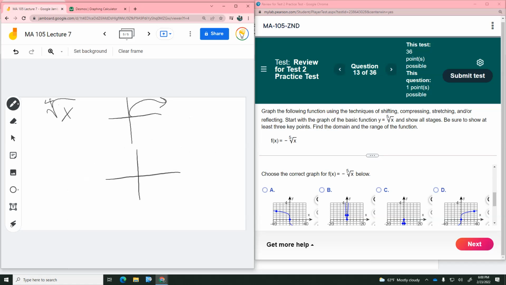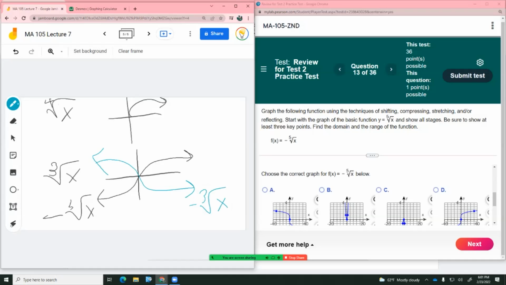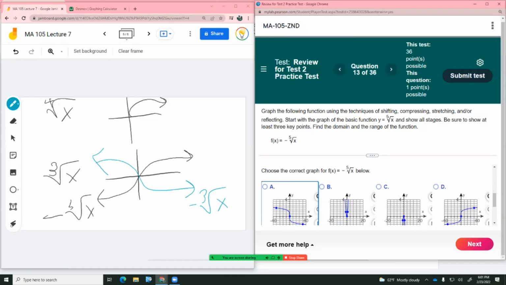Whereas odd roots have this funky looking thing here. So like this would be like the third root of x or something like that. So obviously, if I do negative cube root of x, then that would take this and reflect it like that. So that's why A is your choice in this situation.